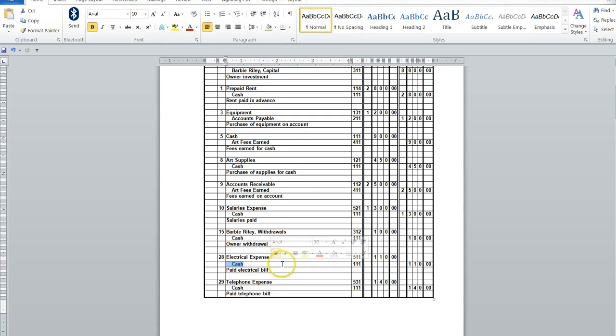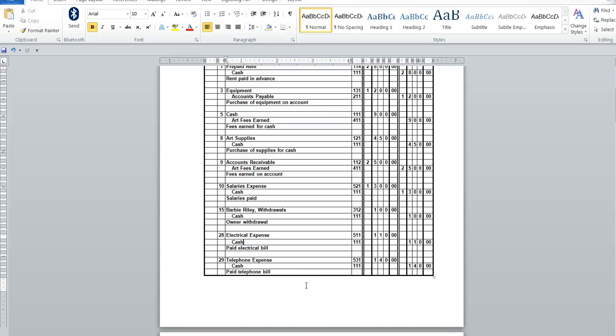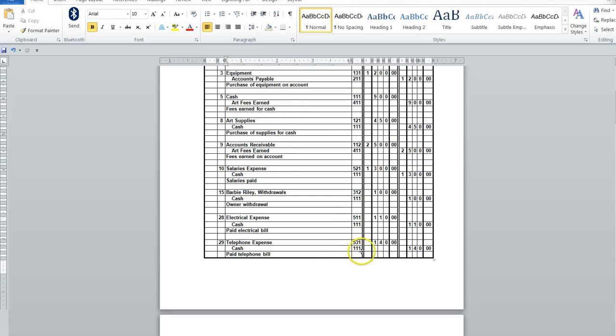You've used your electric service so many kilowatt hours, and you are charged and immediately are paying for that. If you were going to pay later and file it, then you'd create an account payable for that. And then finally, you got your telephone bill for the usage of $140. So the $140 has to get debited into the expense account, and the $140 has to come out of the cash account.